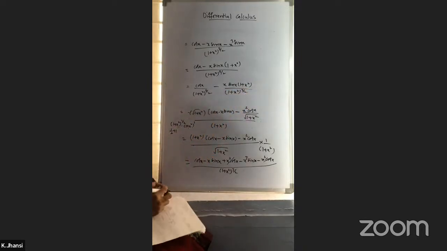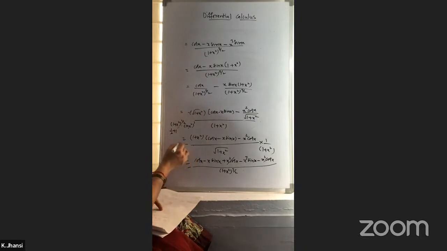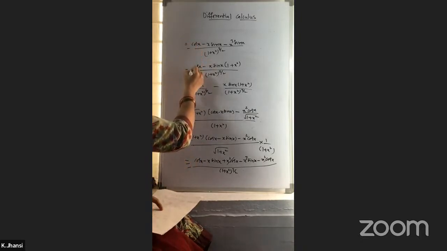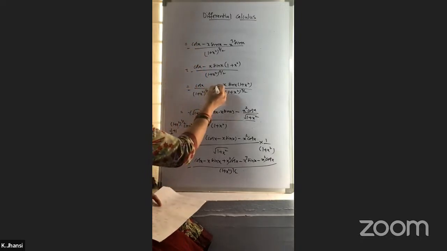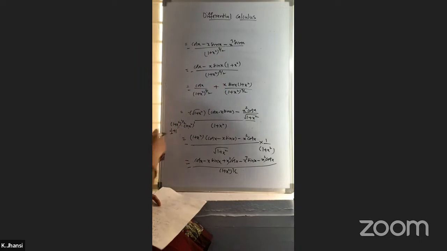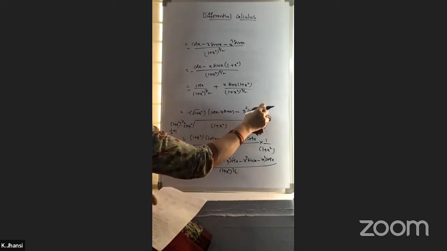Okay. From the starting, we have a minus sign here. No, here also a minus sign will be there for the whole. So minus of minus means here you will get the plus sign. Minus cos x by 1 plus x square to the power of 3 by 2 plus this one.